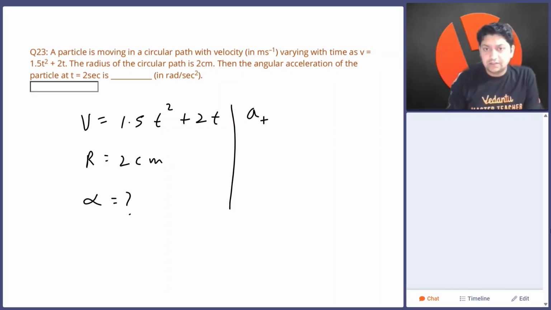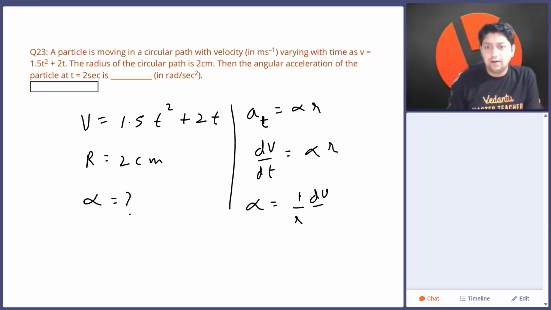See, the tangential acceleration is nothing but alpha r, right? So from here we can find out the angular acceleration. Tangential acceleration is nothing but dv by dt. So alpha will be equal to 1 upon r into dv by dt.